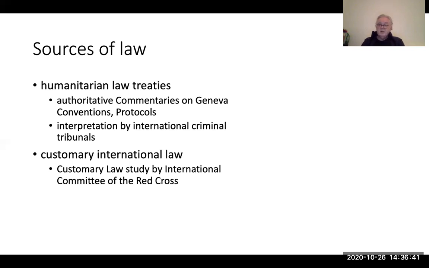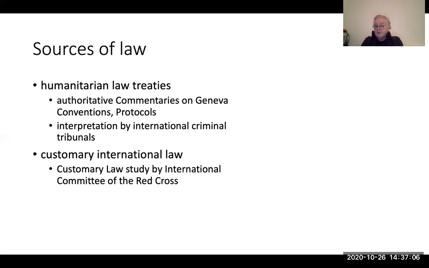And so what happens after the Second World War in human rights law is that we start to codify the human rights law. And it's only later that we start to talk about customary international law. So the order is reversed a little bit. With human rights law, we have the codification of the rules before we have the custom emerging. With humanitarian law, we have somewhat the opposite.